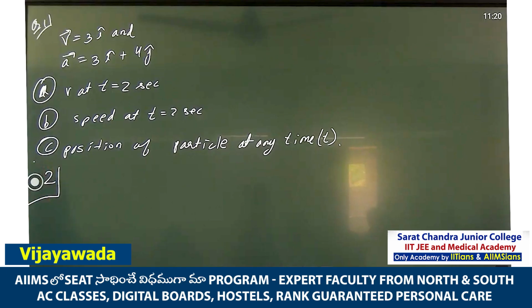Question number 2. Noted this thing? Solve in x separately, y separately. Initial velocity given 3 i cap means in y direction what is the velocity? 0.